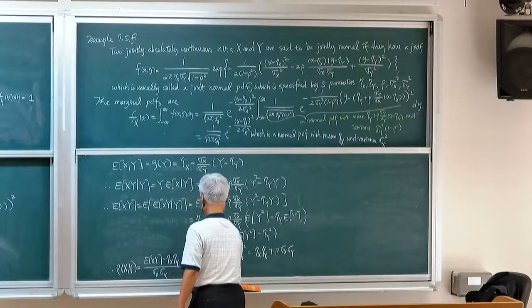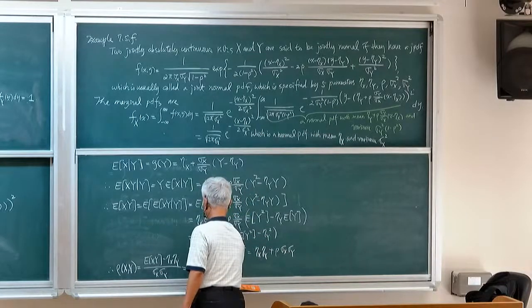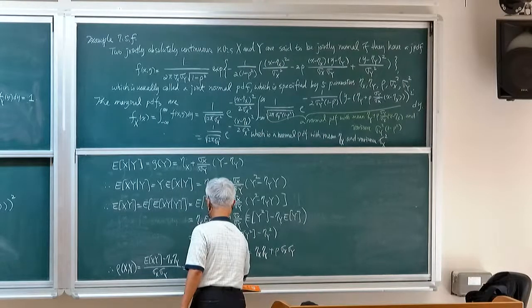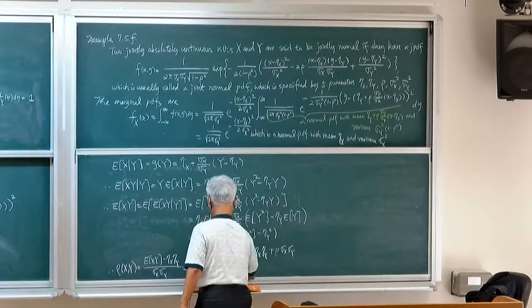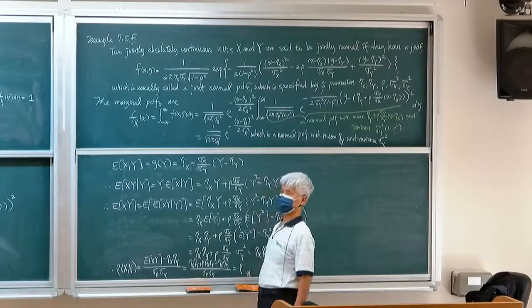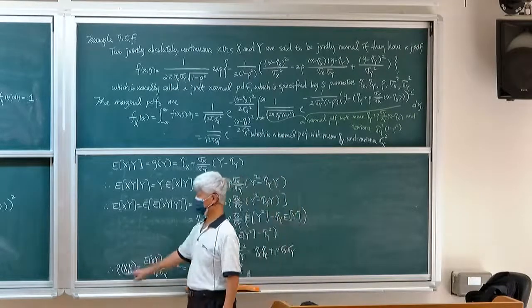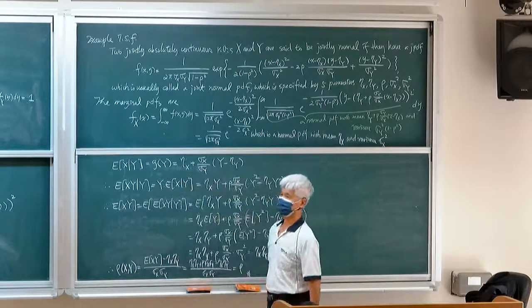So this is equal to eta x eta y plus rho sigma x sigma y, minus eta x eta y, over sigma x sigma y, which is rho. And we have done, right? So rho is just the correlation coefficient.